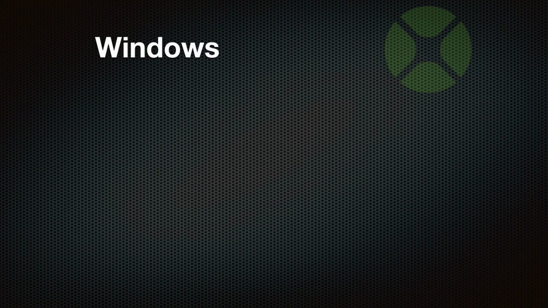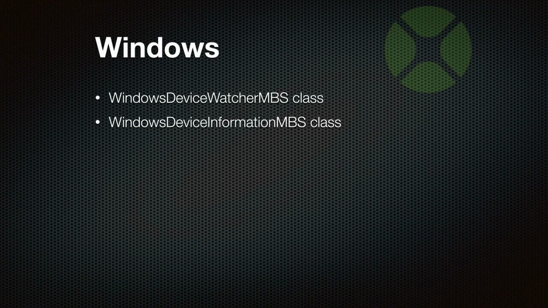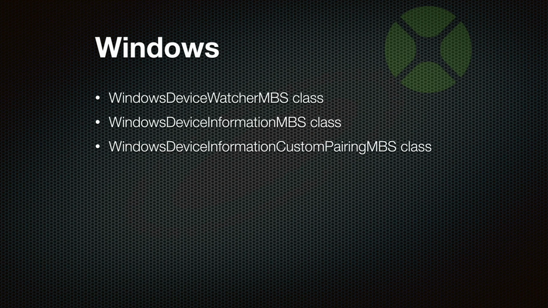Then I do have things for Windows. We got a class to watch for devices being connected or disconnected, which is quite useful to know that something is coming. Then we have the class with the device information, so you actually know what connected. We have a custom pairing class because we have a couple of Bluetooth classes for Windows, and you may need to do a pairing of a new Bluetooth device.